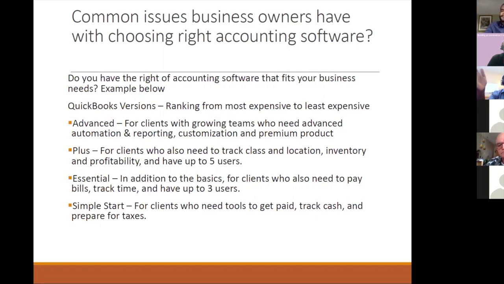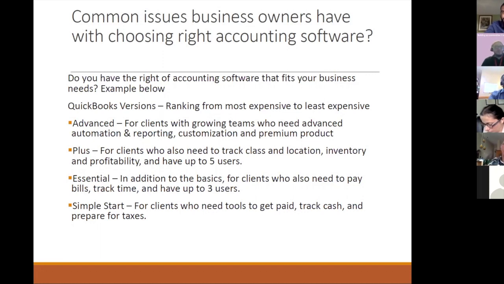Then Plus is for clients who also need to track class and location inventory profitability. About 20% of people need it. The one that people really need is Essentials, which is just the basic. You have 3 users, you can track time, and you can connect your bank account. The most important thing is being able to connect your bank or your credit card statement to the software.